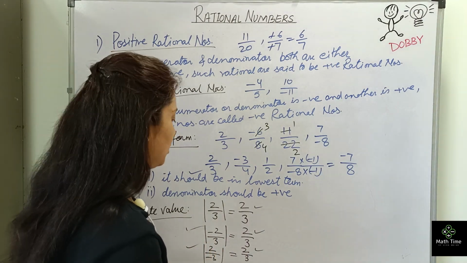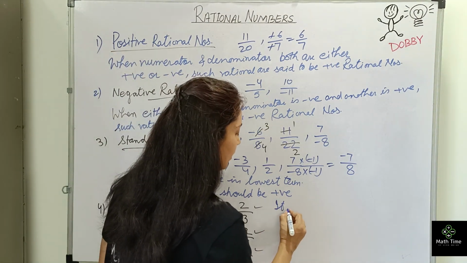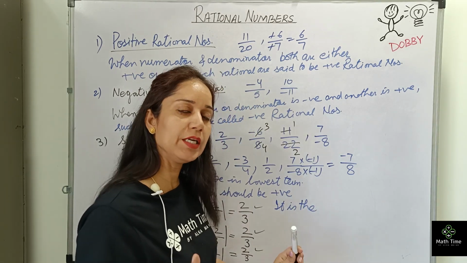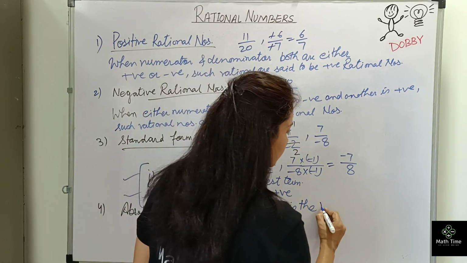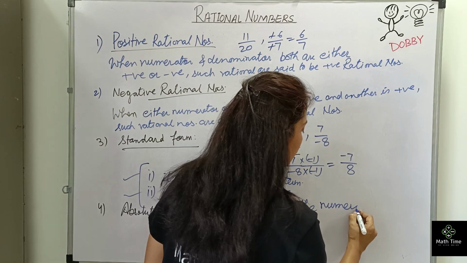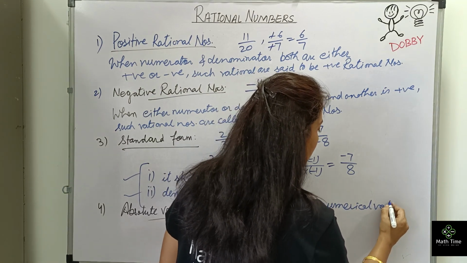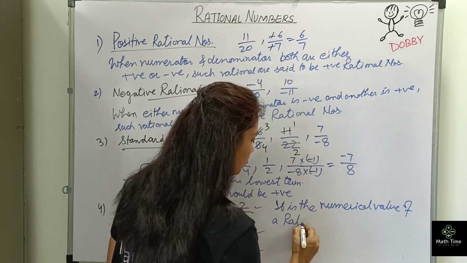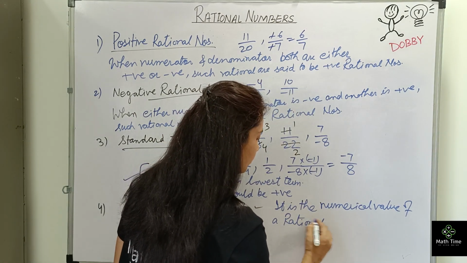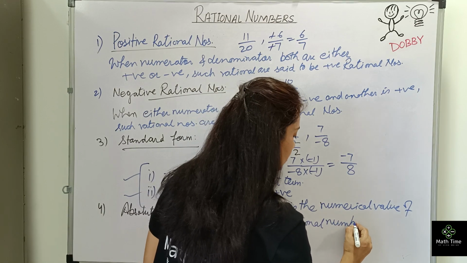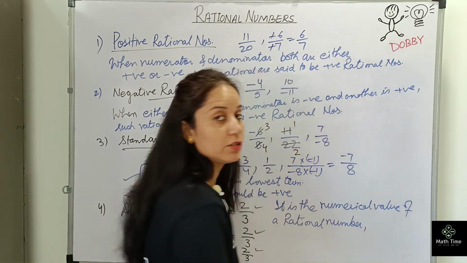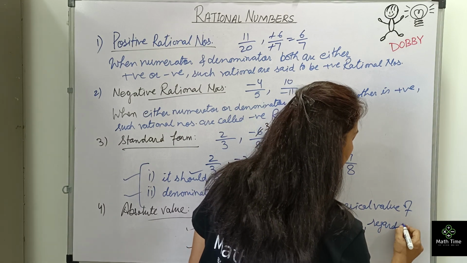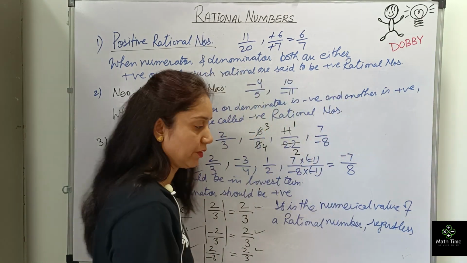So what is absolute value? It is the numerical value. Numerical value means number, only number without sign. Numerical value of a rational number regardless of the sign. Means sign is not needed, positive will remain positive and negative also becomes positive.